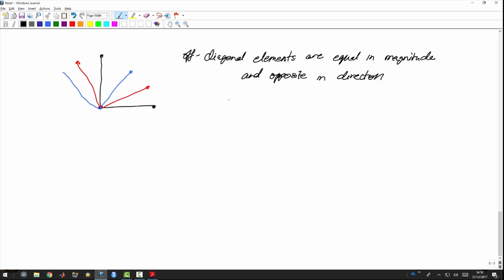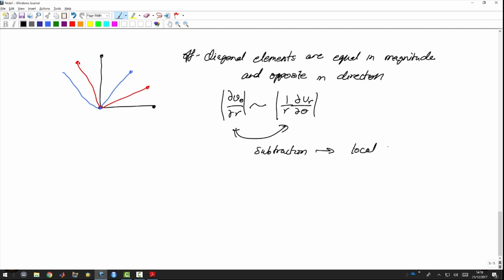Therefore del v theta by del r and 1 over r del v r by del theta will be similar but opposite in direction. So subtraction of them will give us an idea about local rotation.